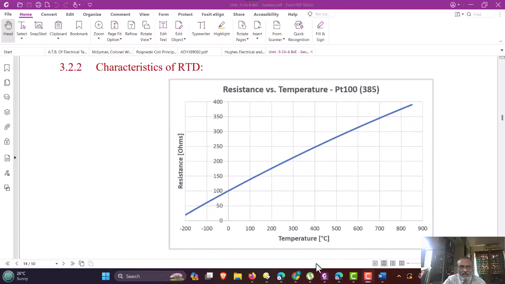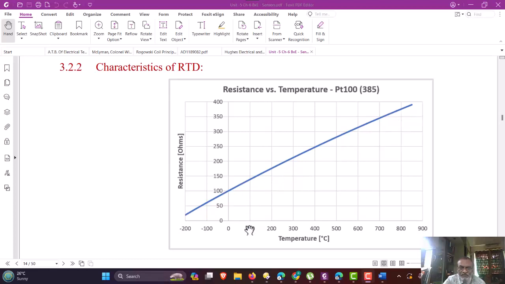The characteristic of RTD is shown here. This is the curve, resistance of RTD versus temperature. Now, if you see here at 0 degrees centigrade, the sensor RTD PT100 is having 100 ohm resistance. And if the temperature changes linearly, the change in resistance is also mostly linear.